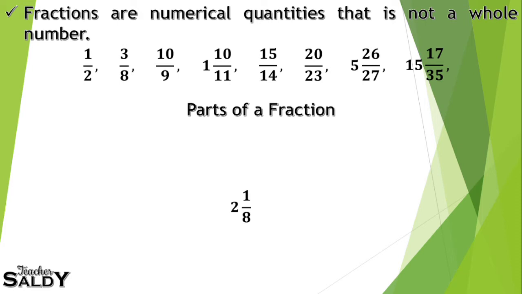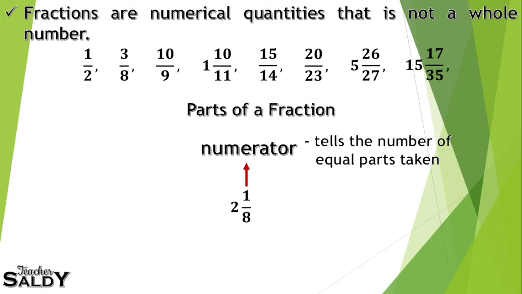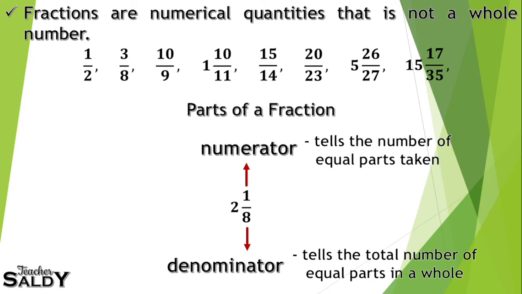Parts of a fraction. So we have example 2 and 1/8. The number above is what we call the numerator, or the number that tells the equal parts taken. So later on, we will have an example. The number below is what we call the denominator, that tells the total number of equal parts in a whole.